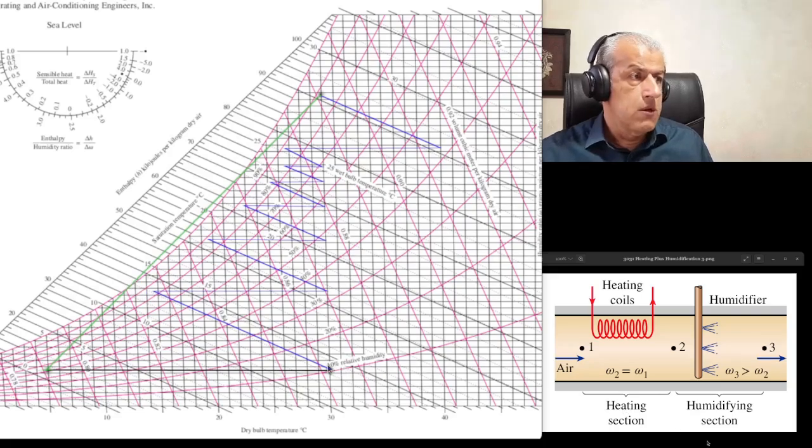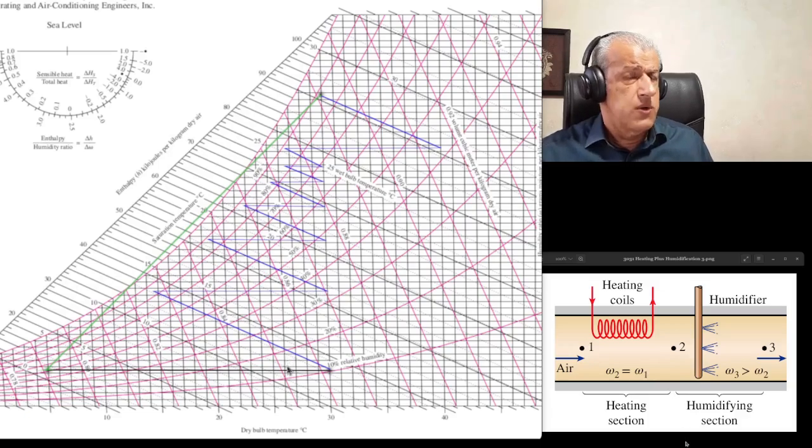So if we inject water into this 30 degrees centigrade flow, it would no way go to where we want. This is the final point that we are to reach, and it would no way go there. It will end up here. So you have to heat it up again, and then inject more water, heat it up again, inject more water.